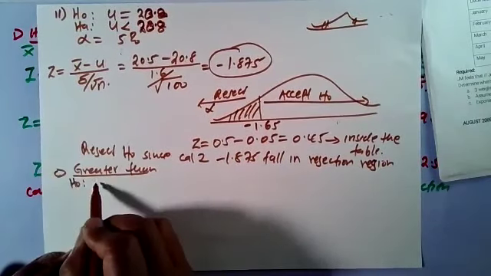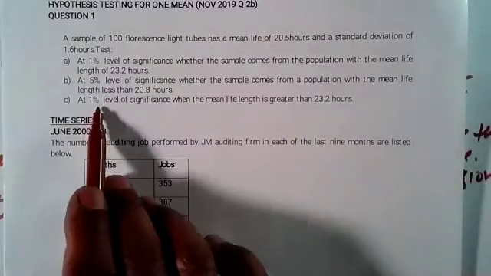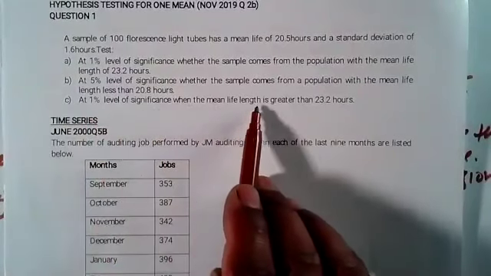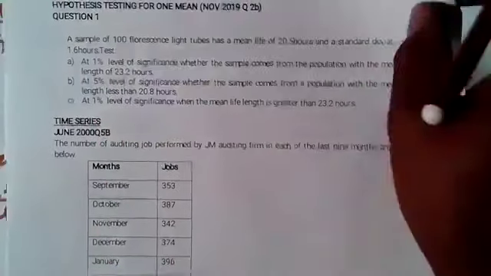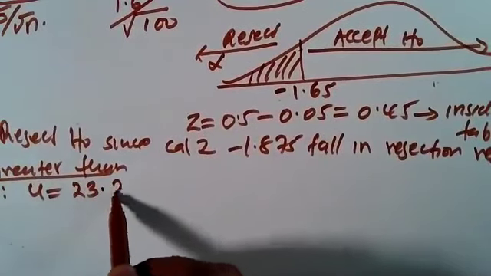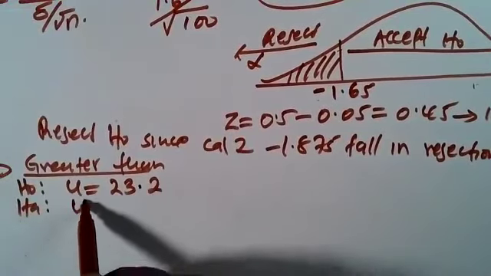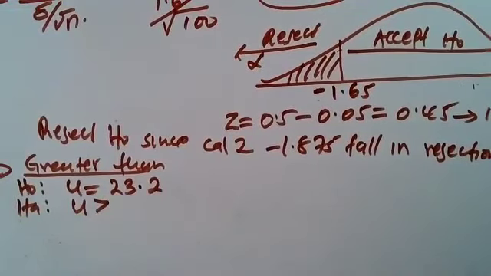Null hypothesis, utasema U is equals to 23.2, tulikuwa tumeambiwa at 1% level of significance, whether the mean life length is greater than 23.2. Then you come with alternate hypothesis. Unasema U is greater than 23.2, because in this case wanasema whether the mean life length is greater than 23.2.